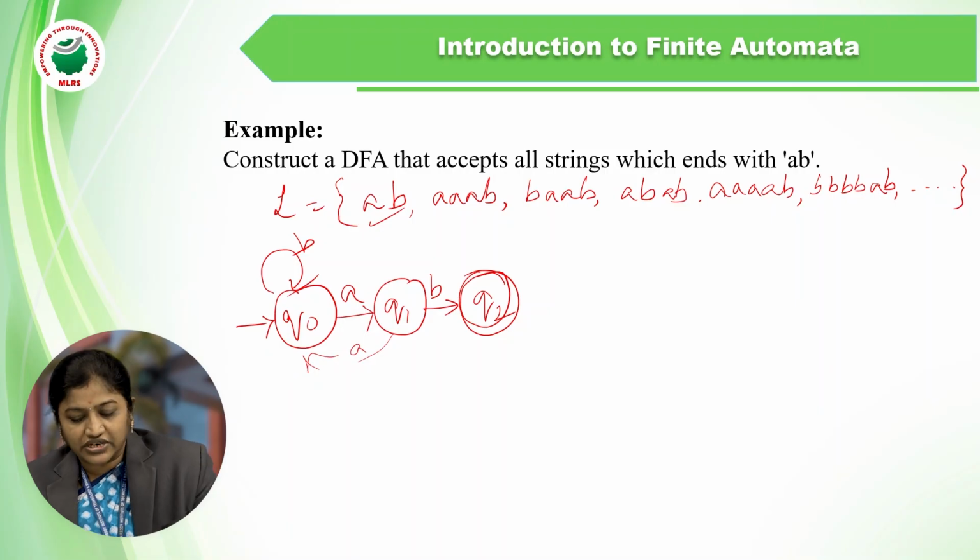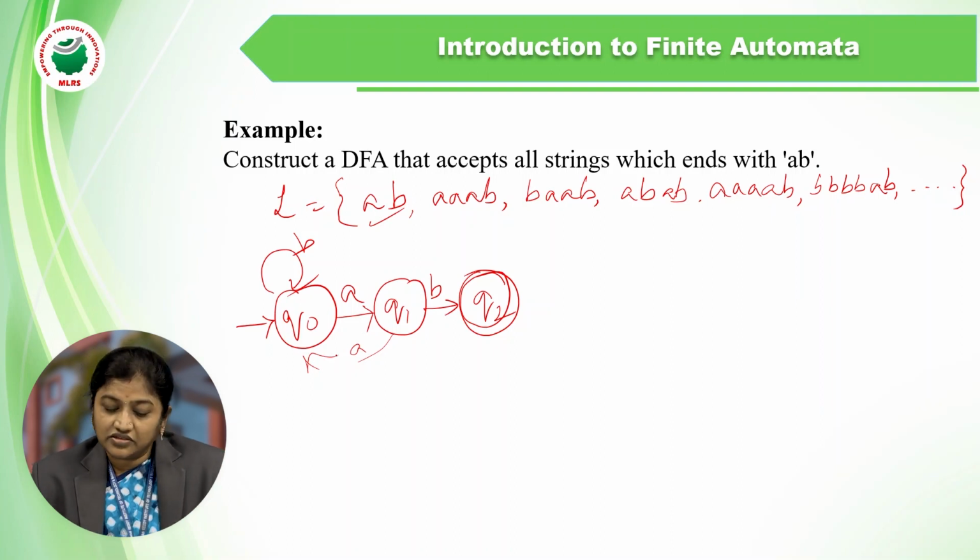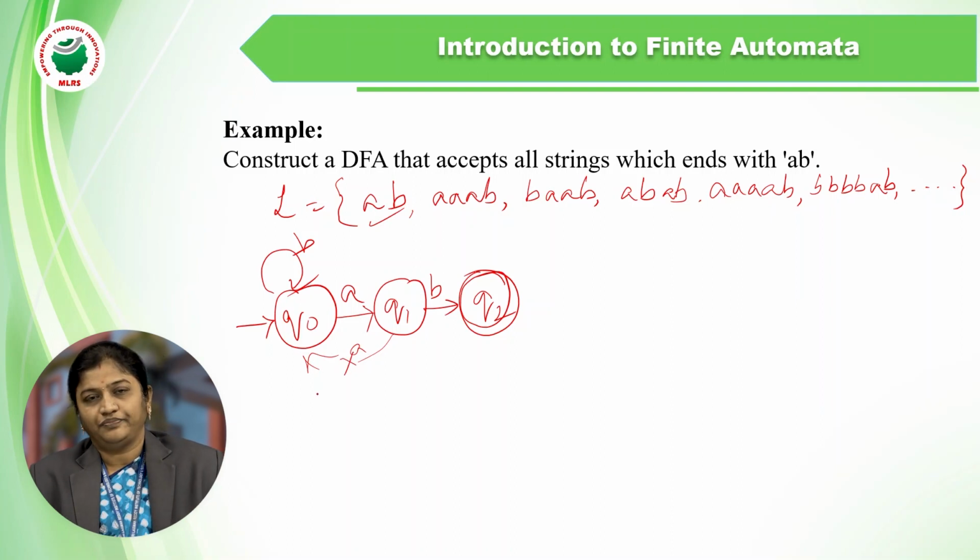To reach the final state, an odd number of A's should be there. If an even number of A's comes, this is not going to work. But the possibility is that an even number of A's can also come.